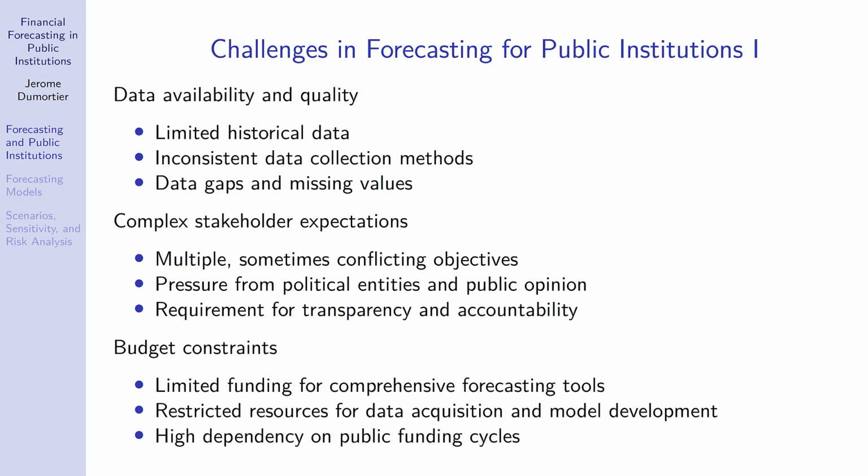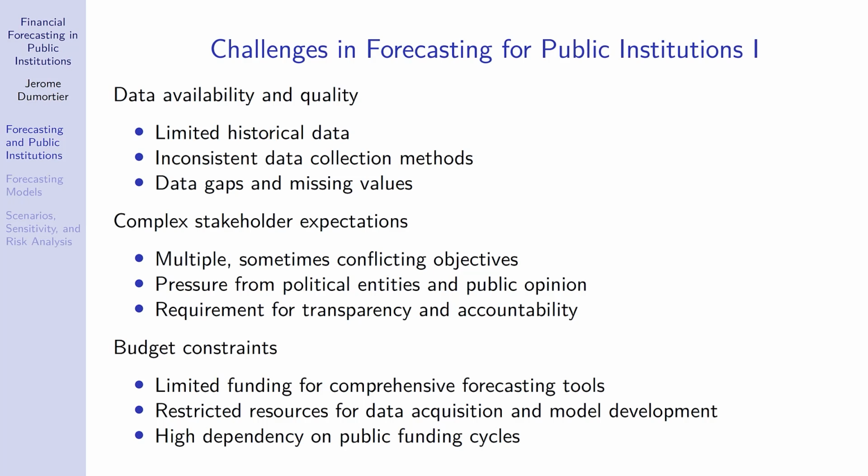Now, there are many challenges associated with forecasting, and note that those challenges are similar for public institutions as well as for the private industry and the non-profit sector. The first challenge is associated with data availability and also the quality of the data. We have mentioned before that if you want to conduct a forecast, then that forecast is based on historical data, and you need to have access to, or have collected, that historical data in order to do a forecast.